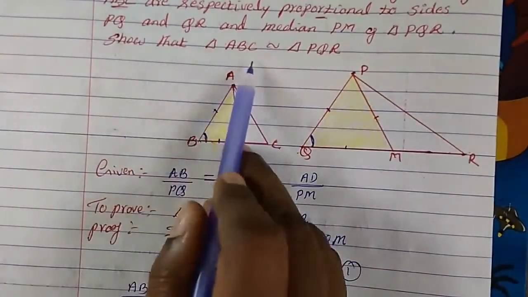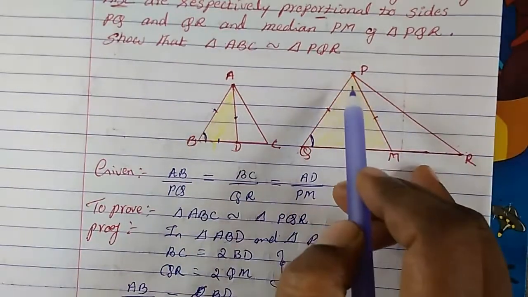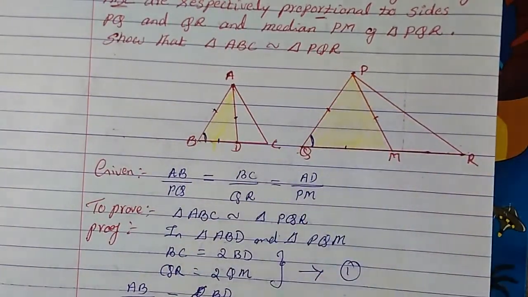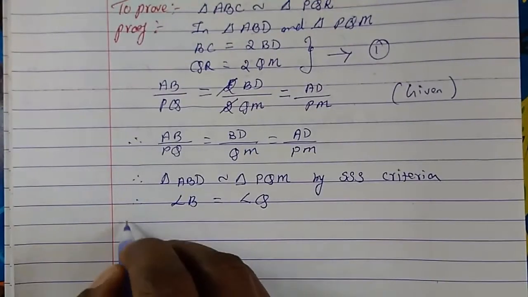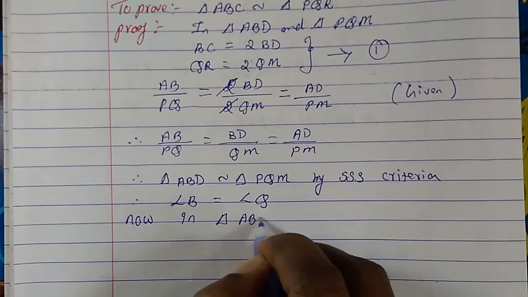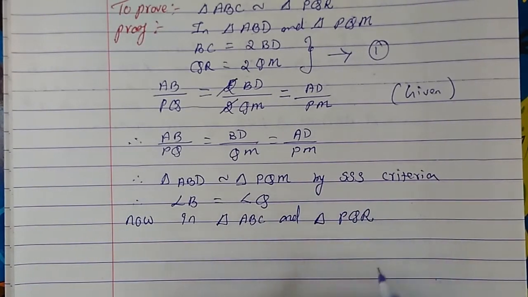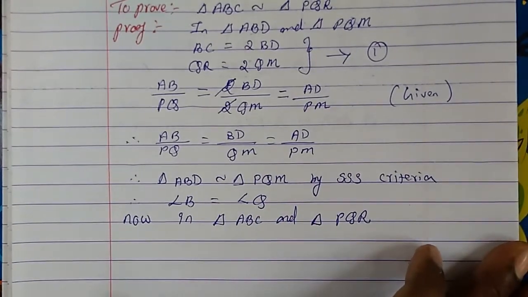We are supposed to prove that triangle ABC is similar to triangle PQR. So let's start proving that. So now in triangle ABC and triangle PQR, what are the things that are equal? Let us see.